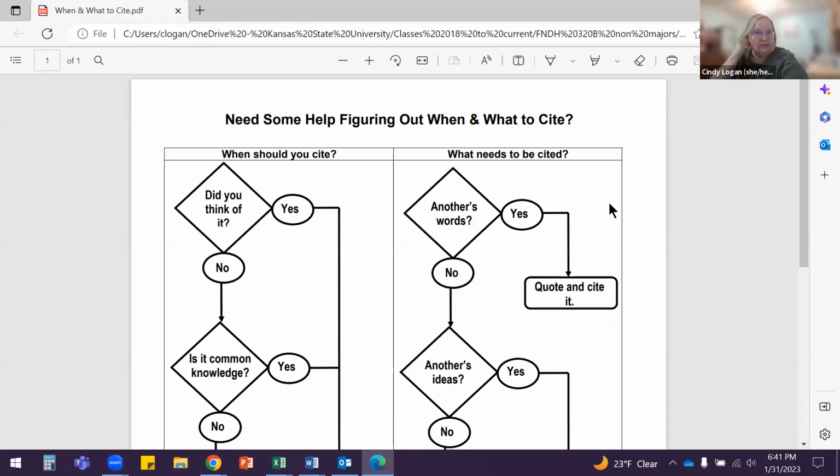So I've got this document, and I will post this, or by the time you see this, this will be posted as well, helping you figure out what you need to cite and when you need to cite it. So if it's something that is common knowledge, and that's probably the biggest one, and that's part of the graph down here, is if it's something that your audience is already going to know. A very simplistic example is that of the average body temperature, 98.6.